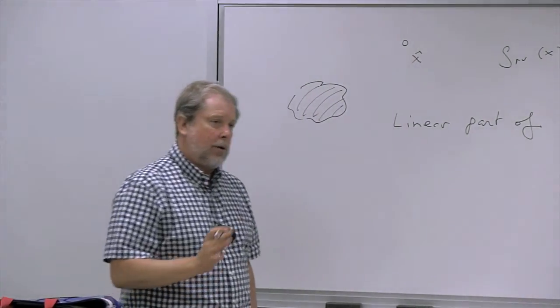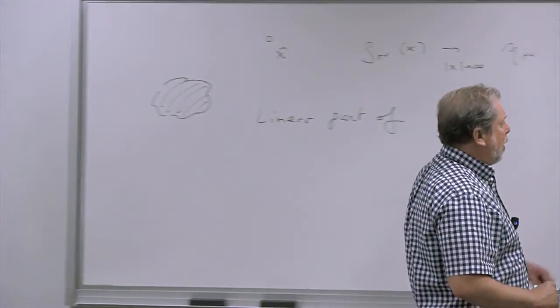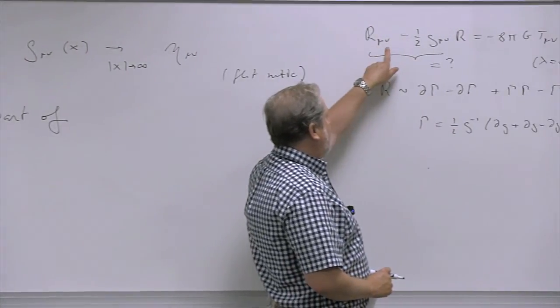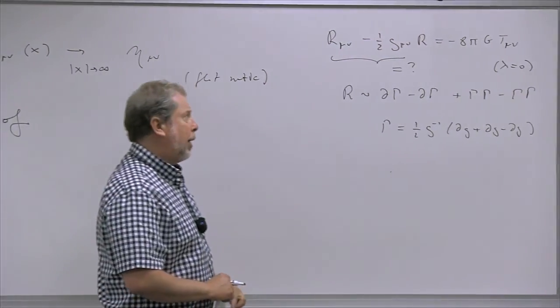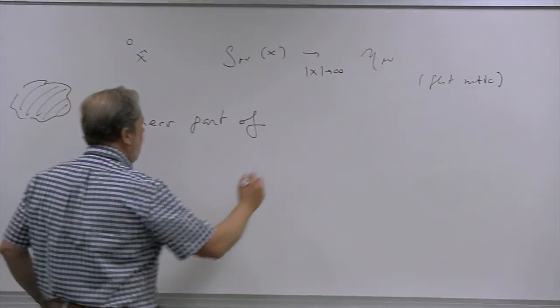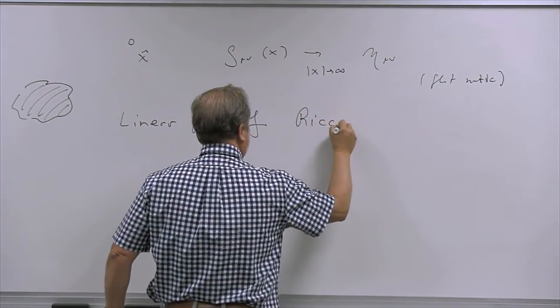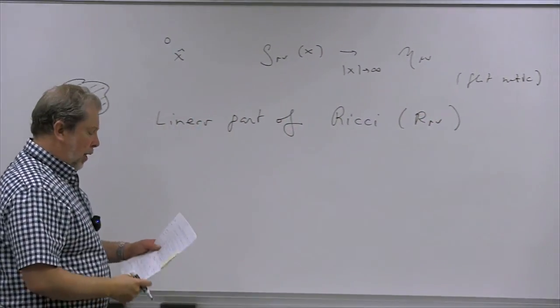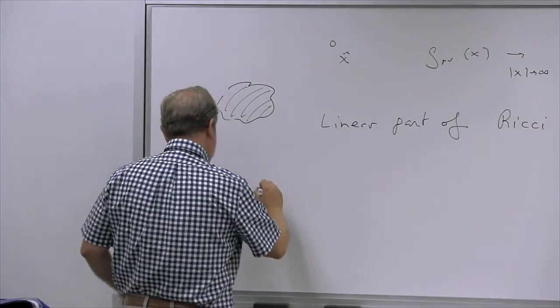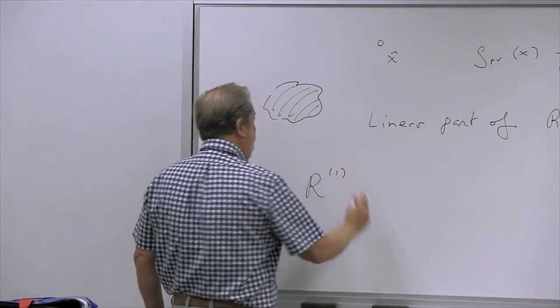That's the dominant term when h is weak. And what we need to look at is the linear part of the Ricci tensor, because this other part is just a contraction, so we can do that easily. So the linear part of Ricci, R mu nu, we're going to give a name, and we're going to call it R1.